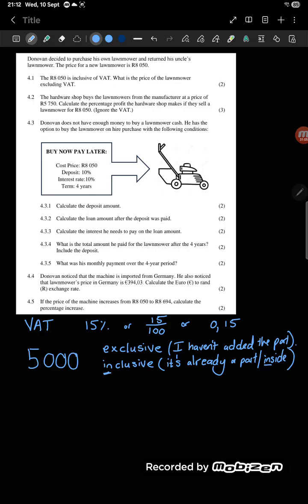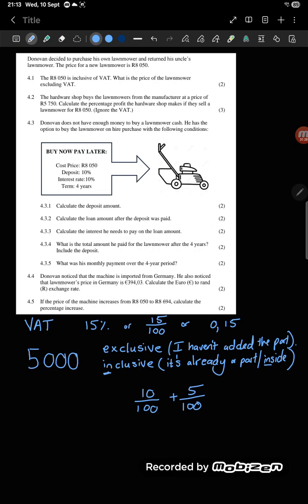So what is 15%? Now, if your teacher says don't use a calculator, or the test or exam says don't use a calculator, an easy way to say 15 over 100 is 10 over 100. Find out what 10% is, and then add half of that.